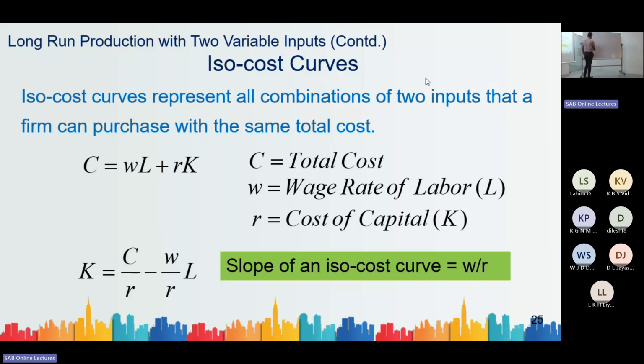If the firm utilizes 5 units of capital with 5 units of labor, the cost is 10,000. If the firm utilizes 10 units of labor with 0 units of capital, again the cost is 10,000. So at any point on this curve, the cost of the two inputs is the same. So that is the idea of iso-cost curves.